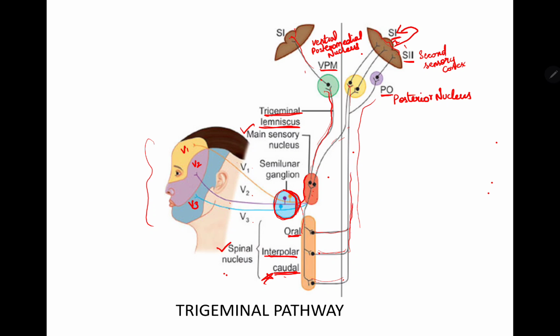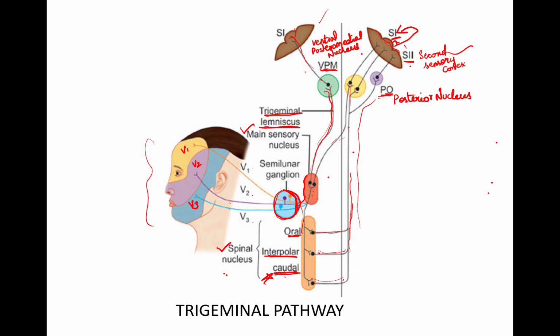Via the trigeminal lemniscus, they will reach the VPM and posterior nucleus in the thalamus, few to S2, the secondary sensory cortex, and then from there they will reach the primary sensory cortex, S1. Okay, that is the easy way to remember the pathway of the trigeminal.